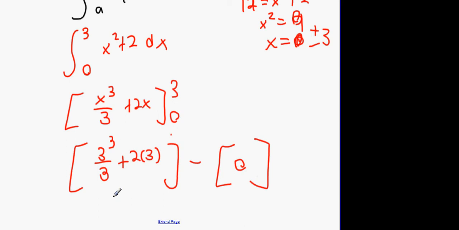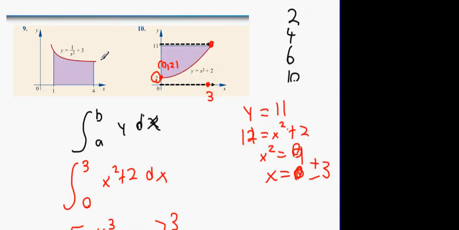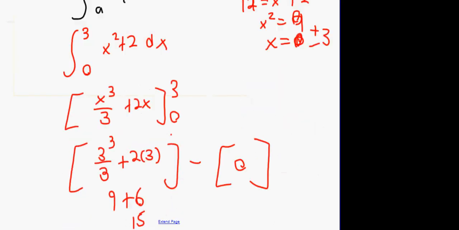So we get 27 over 3, which is 9. 9 plus 6 equals 15. Now, what we don't know is the area of the rectangle. It's going to be 11 up, and how much across? 3. 3 times 11 is 33. 33 minus 15 is 18.